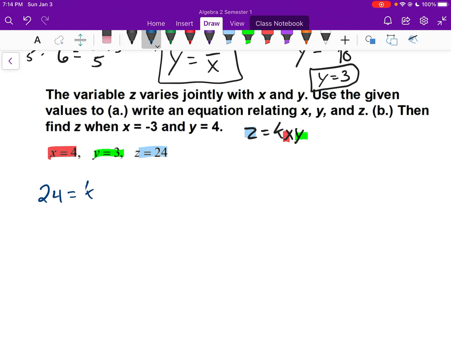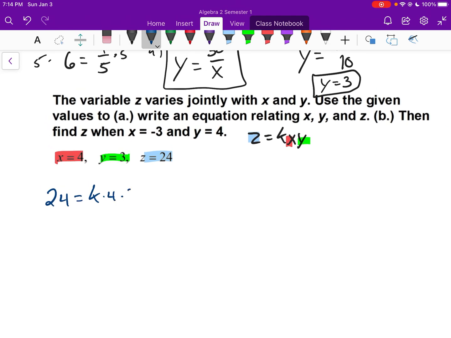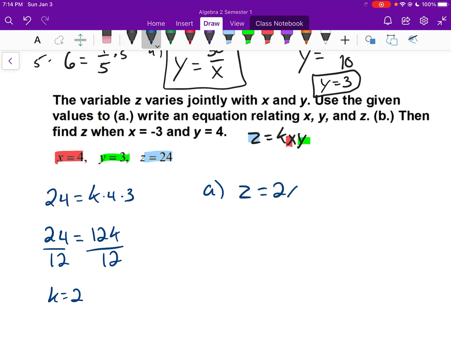So it's equal to k times 4 times 3, which will be 24 is equal to 12k. Dividing by that 12, you get k is equal to 2. And again, finally, plugging that back in, you get z is equal to 2xy.